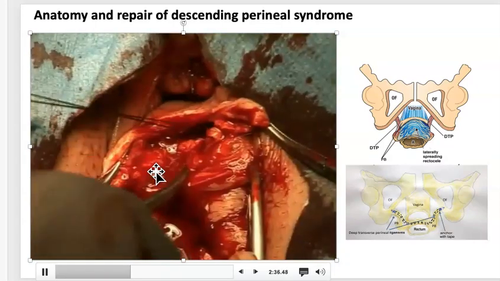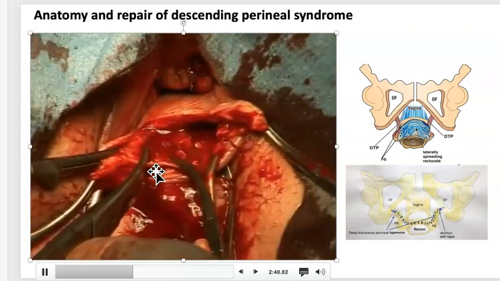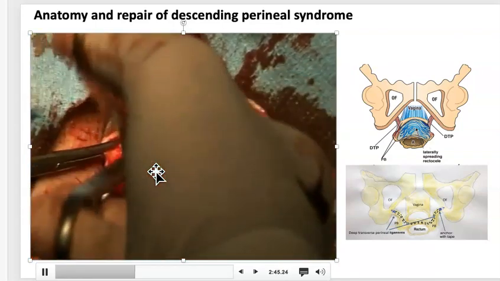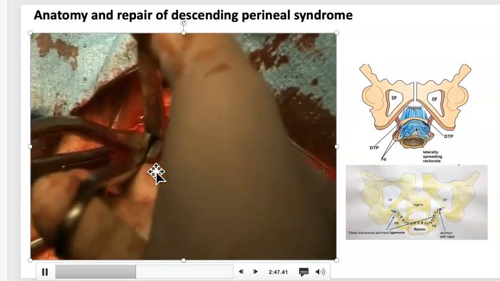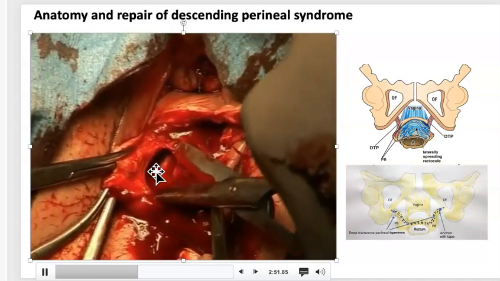There it is, quite separate from the rectum. Some fascia from the wall of the rectum, and we have to make a space between that and the vagina. There's the space.